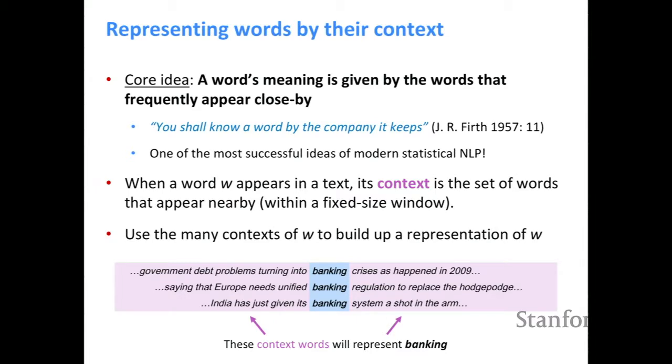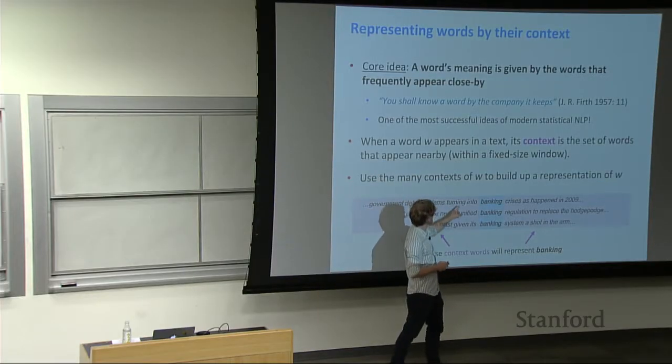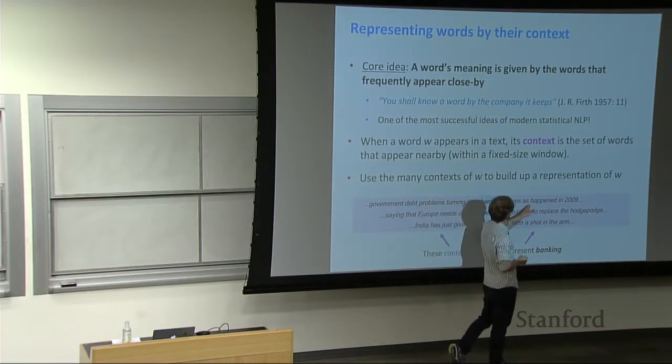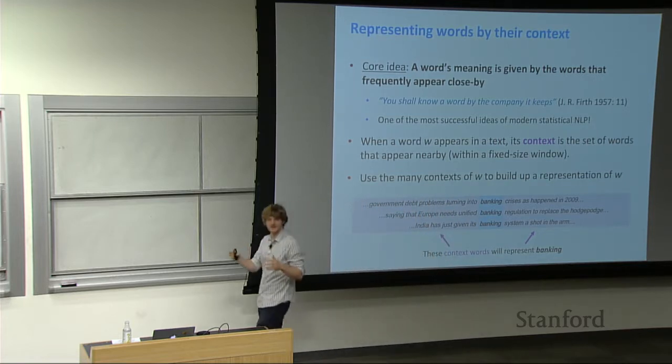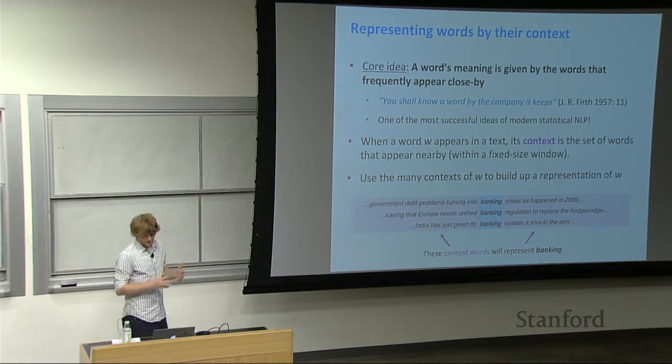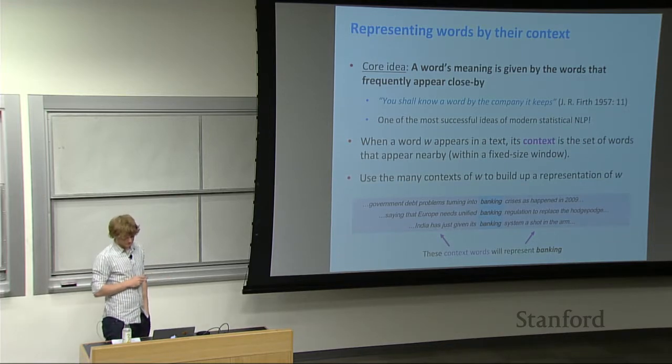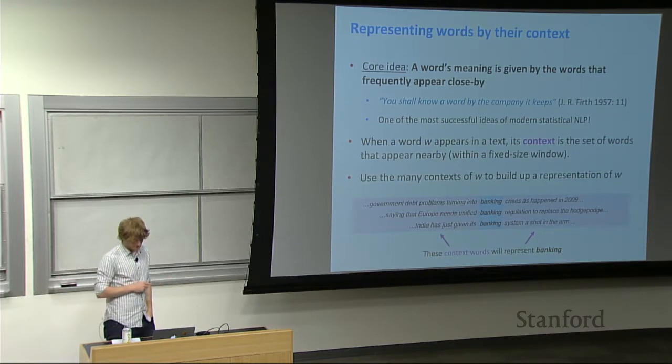So very simple. For instance, banking might be described by problems turning into and crises as happened. And for that particular context, we'll define banking in that way.